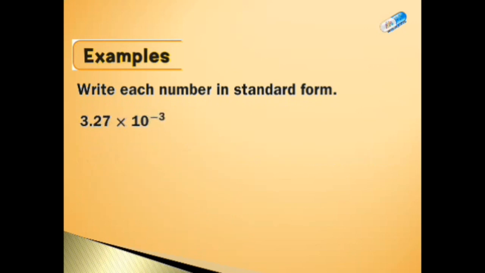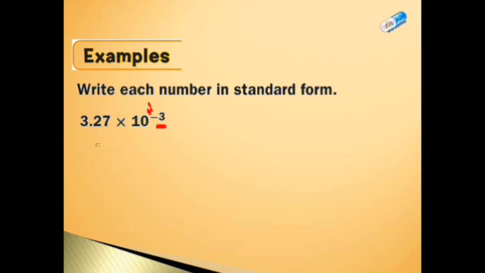One last example. Write this scientific notation in standard form: 3.27 times 10 power negative 3. This means that the decimal point will move 3 places. But is it 3 places to the left or to the right? We look at the sign here. The sign is negative. This means that the number will become less.